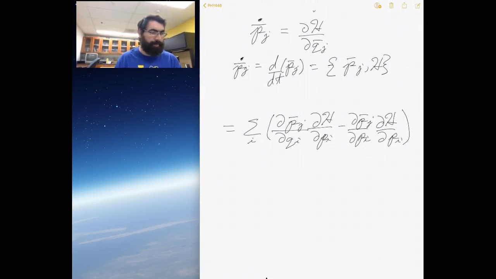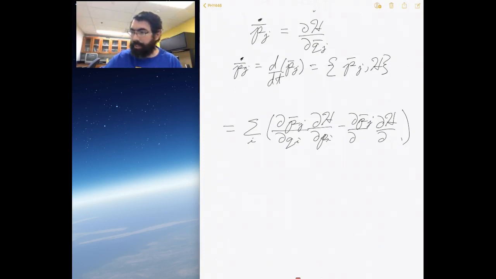Okay. And so now I'm going to use the results from the previous video and substitute in for the derivatives of the Hamiltonian with respect to the momentum and position. Let me go back and fix that. Oh, no, that was right.